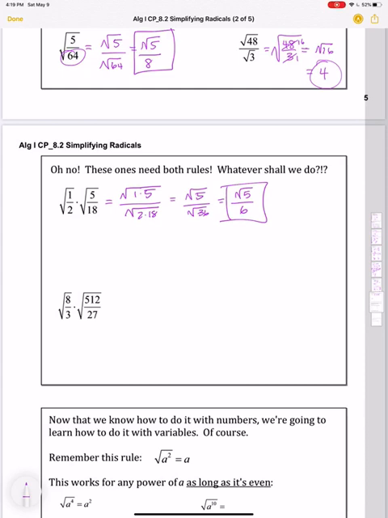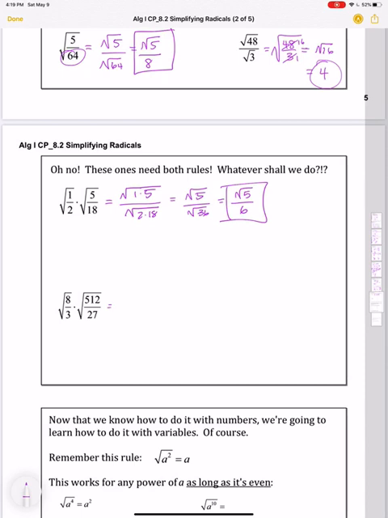Let's see. 512 divided by 27. Nope, doesn't work. Let's see. So what about 512 divided by 9? Nope. Okay. So never mind. So let's do 8 times 512. Yikes.